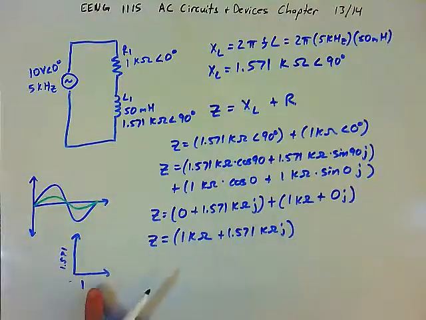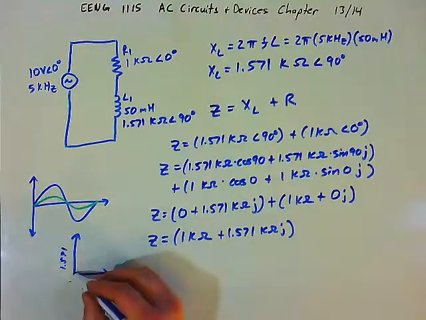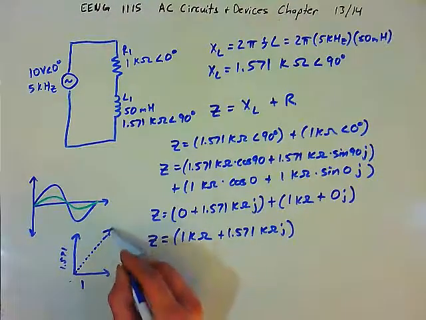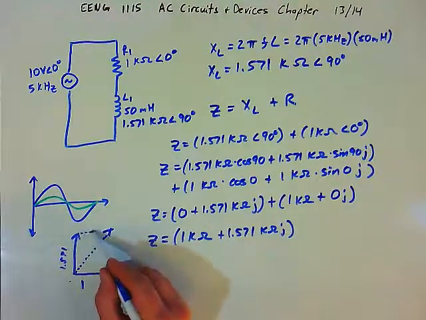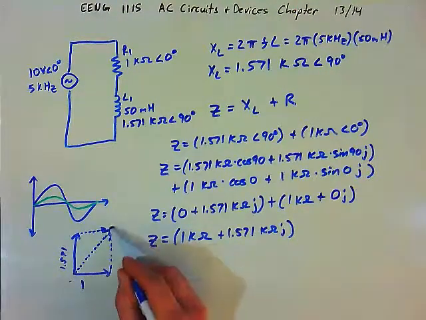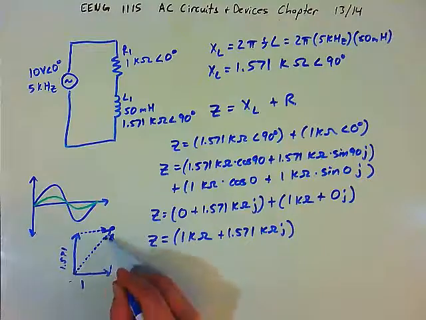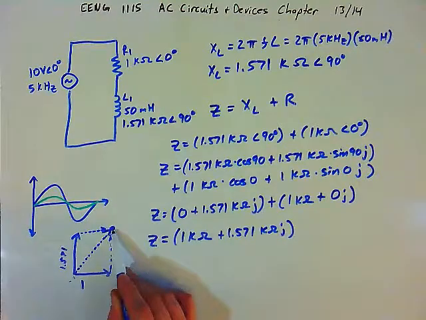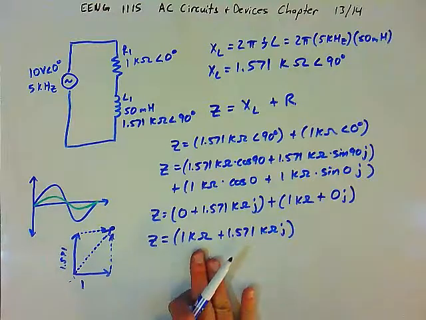It was the sum of these two vectors. When we add vectors graphically, we know that the sum of the two vectors using the parallelogram method gives us some result like this. We're looking for this vector here, and it has an x component of 1 and a y component of 1.571 kilo ohms. And so this is the impedance.